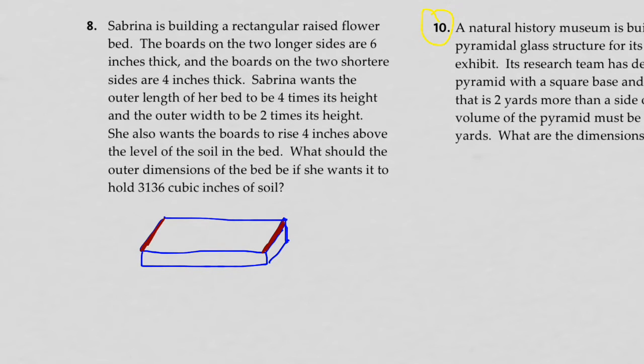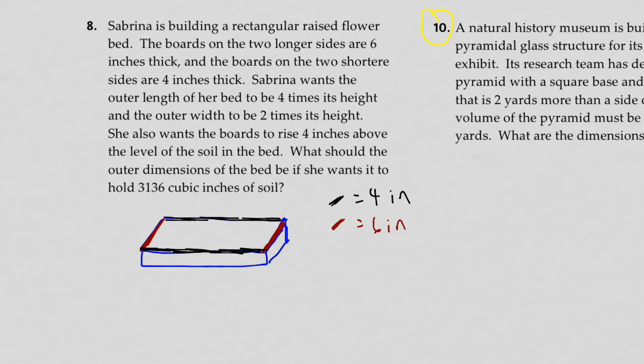And the boards on the two shorter sides, let's make those boards 4 inches thick. Those are 4 inches. So in order to remember what we just said, I'm going to write this: 4 inches, and the red ones is 6 inches.